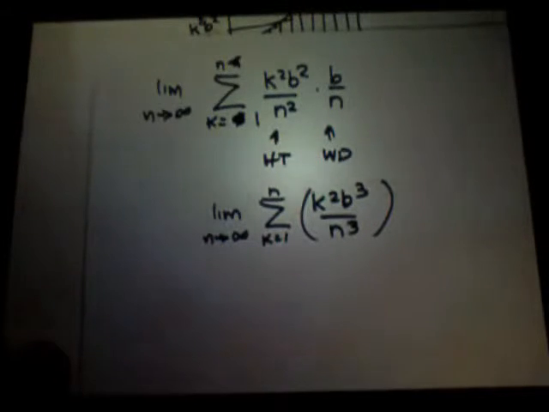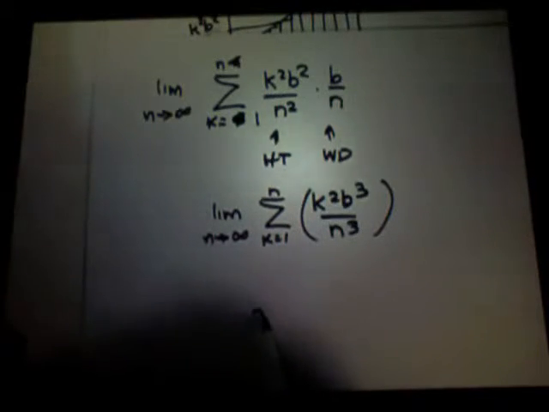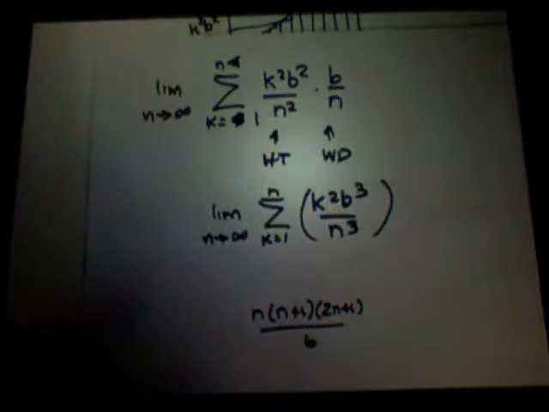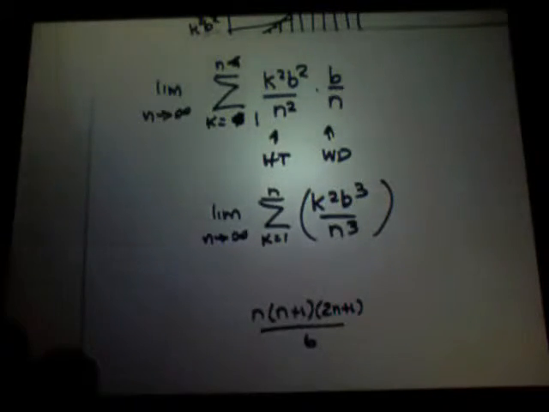Now, let me refer you to a previous course where we found the sum of the squares from 1 to n. I think it's n times n plus 1 times 2n plus 1 over 6. That seem reasonable? That's the sum of the squares. I said cube, but it's a sum of the squares.